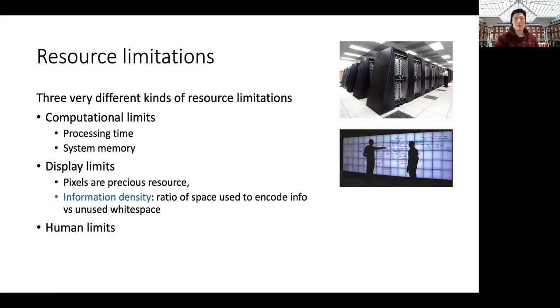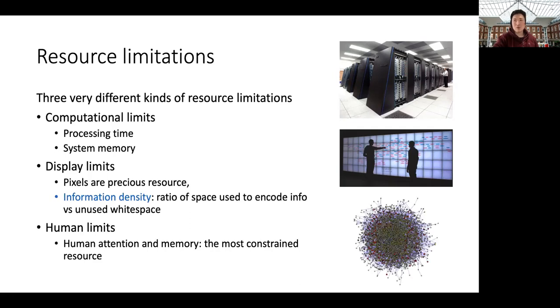And that comes to the last limit, which is how much a human can see and understand at the same time. This is actually quite low. For example, you can show something like this one in the bottom right corner to a human, and there's lots of information there in terms of lots of different dots.